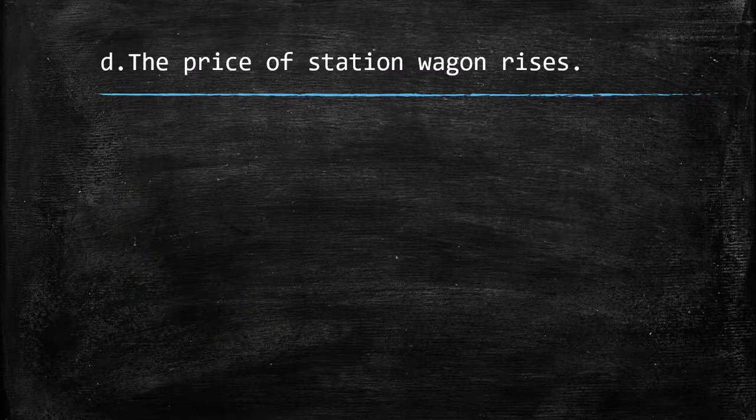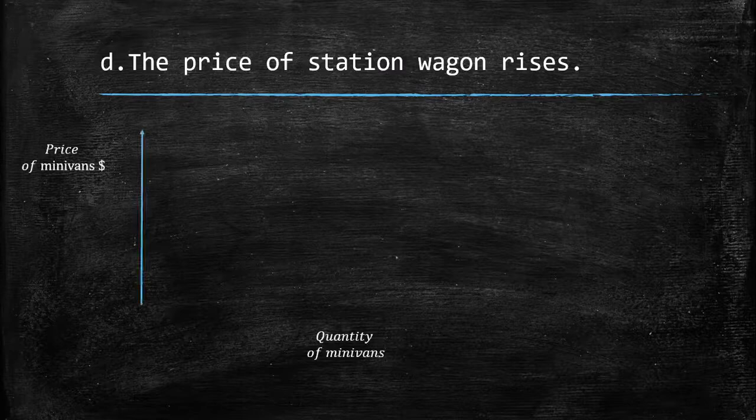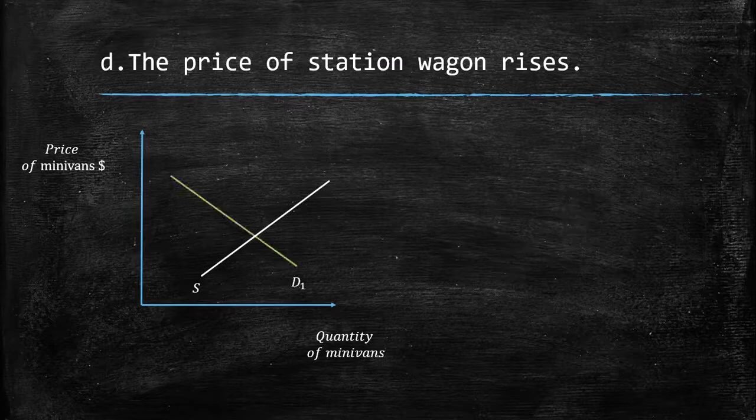The next case is price of station wagon rises. So here we have the initial part, P1 and Q1. So what is a station wagon? It is a substitute or a complement good for minivan. So definitely it is a substitute good. So when the price of a station wagon rises, the consumers of station wagons are going to buy in less quantities.